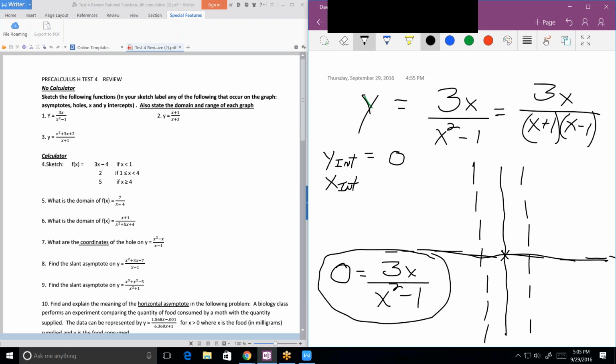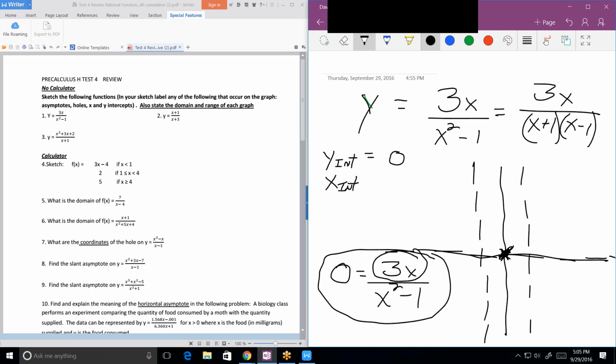We don't care what the denominator is. The only way you get a rational quotient to be 0 is if the numerator is 0. So that means my x-intercept is right there. Well, that's helpful. At least I now have a point that this thing goes through.